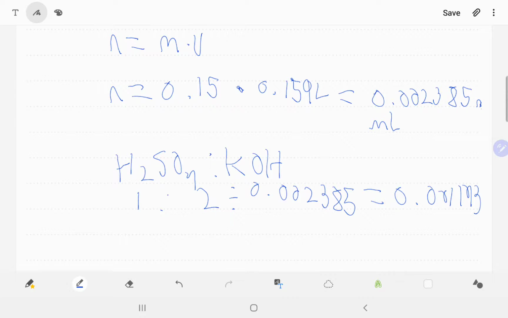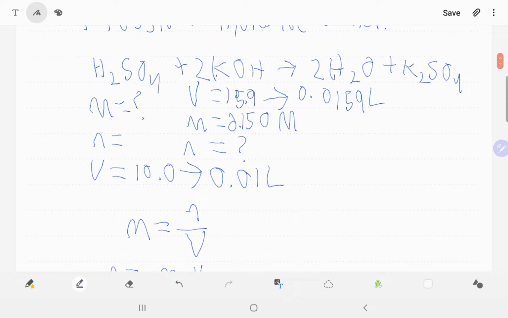Now that you have that, you finally plug all your numbers in one more time so you could get your big M that you were looking for, your H2SO4.